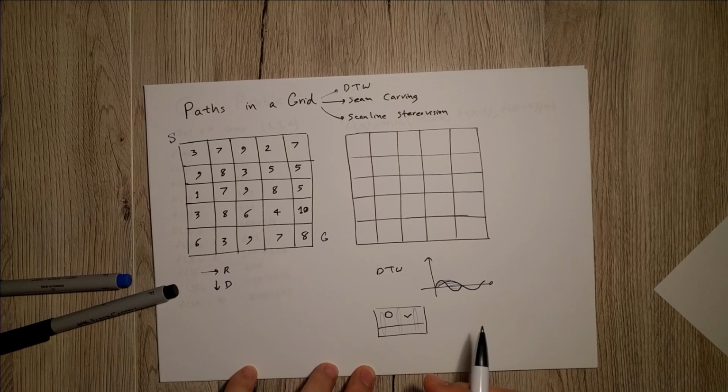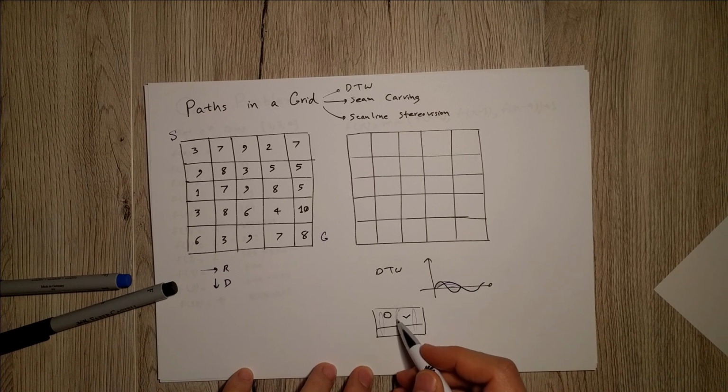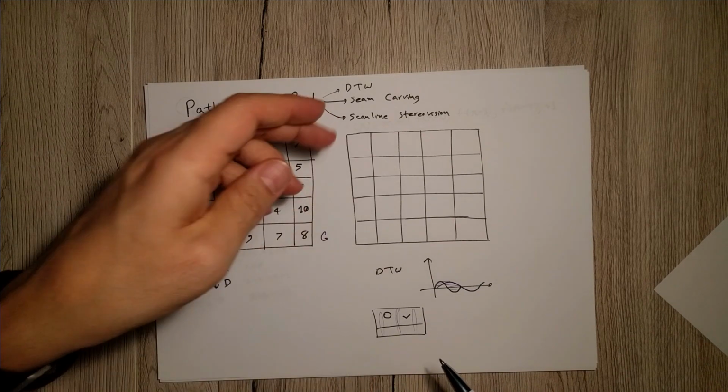If I apply some first or second derivative, I could get a lot of edges. So if I store the magnitude of these edges in a matrix, and I look for a path from top to bottom which has the minimum cost in terms of magnitude of the edges, then I can throw away that column or that row. So this is the problem with seam carving.